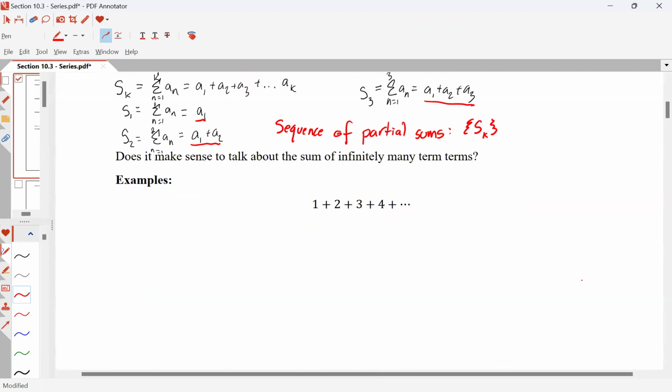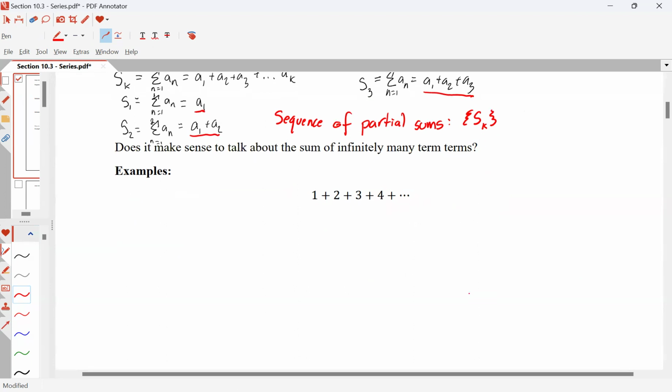So our first example is this sum: 1 plus 2 plus 3 plus 4 plus 5 plus 6 plus 7 plus 8, and so on. So the sequence here is just those whole numbers. The sequence a sub n is n, which is the sequence 1, 2, 3, 4, 5, and so on.